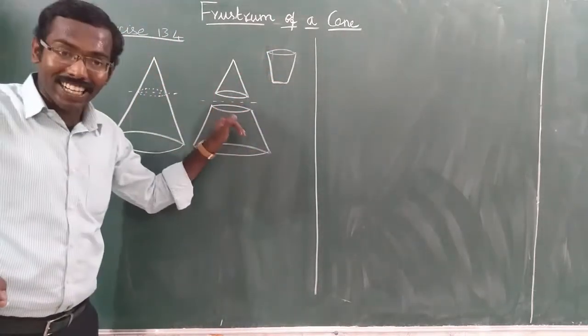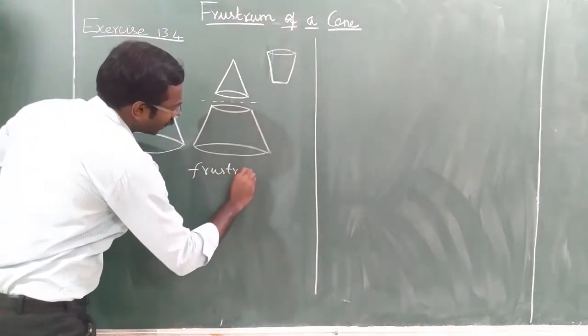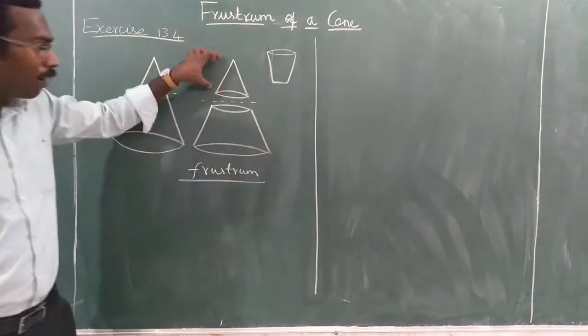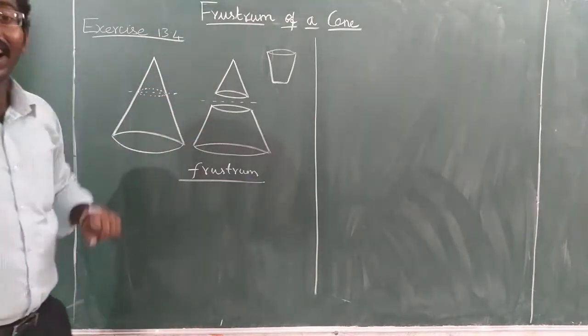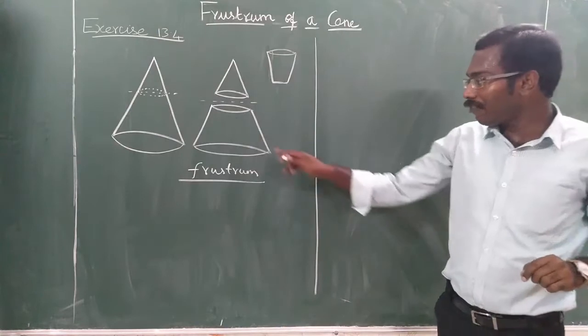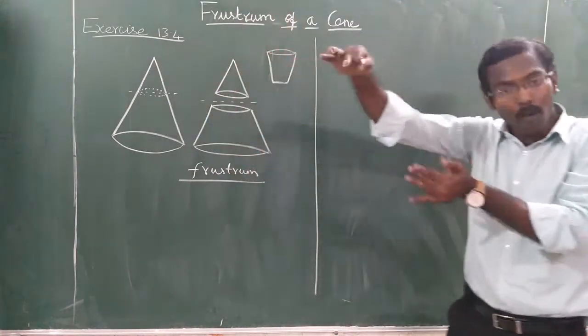Now this structure is called the frustum of a cone. This is a big cone, this is a small cone, and this is the frustum of the cone. Now you understood what is a frustum? Frustum is like the bucket kept inverted, ulta.